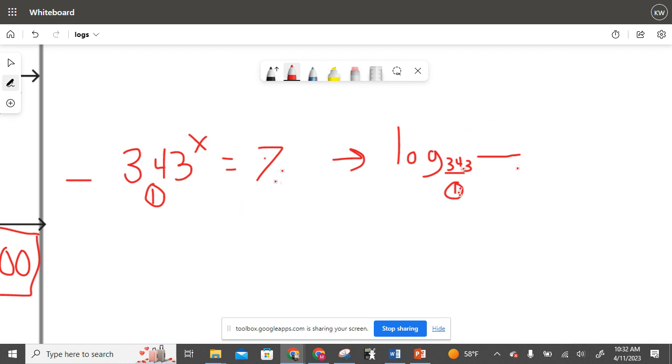Our big number is right here. That's our second thing. So that's log base 343 of 7 is equal to our third thing, which is our x. So log base 343 of 7 equals x.